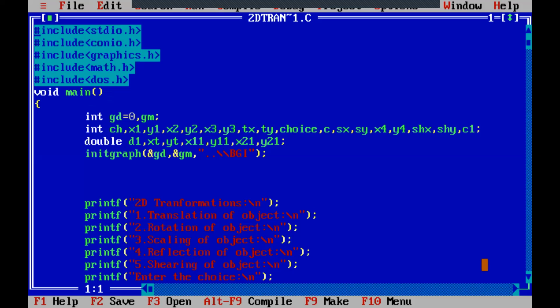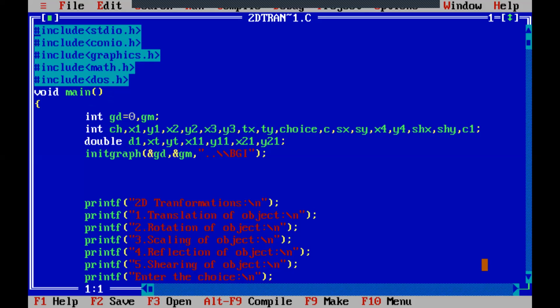And if these two factors are not matching, then we call it non-uniform scaling. In that case, you can find some change in the shape of the object. But in uniform scaling, there is no change. Only the size is changing, but the shape of the object is not going to change.